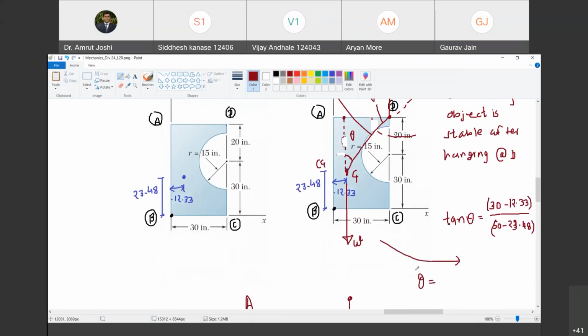Tan inverse of 30 minus 12.33 upon 50 minus 23.48. Tell me how much is theta. So 33.67.